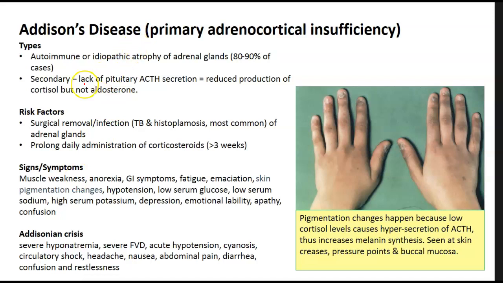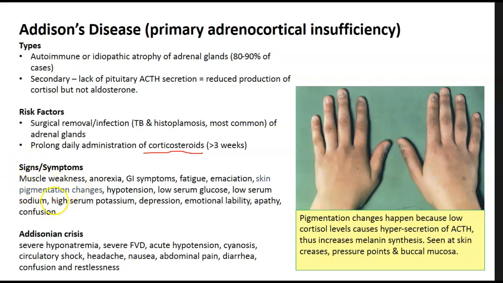Types, autoimmune or secondary. Risk factors obviously can be from TB to having removal, prolonged daily administration of corticosteroids, because again, sometimes, if you replace something, the body will kind of stop its own production of it as well, which we also know that prolonged use can also lead to Cushing's.